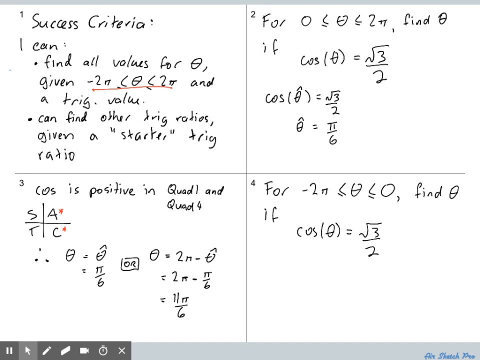There we go. So it's exactly the same problem as before, except now we're looking at theta between 0 and negative 2 pi. Now, I'm going to come back to this screen in a second.